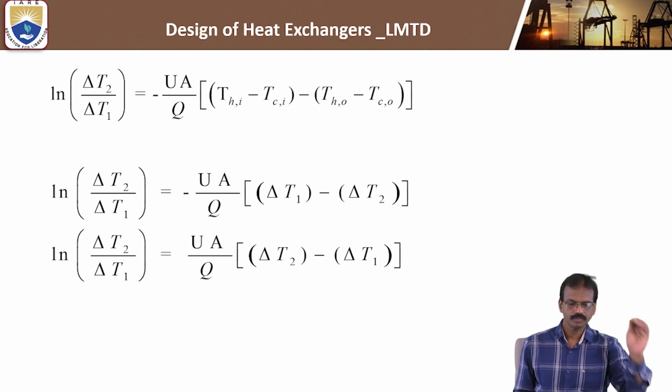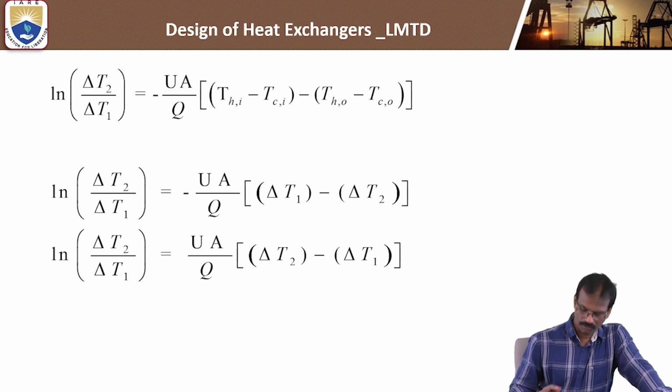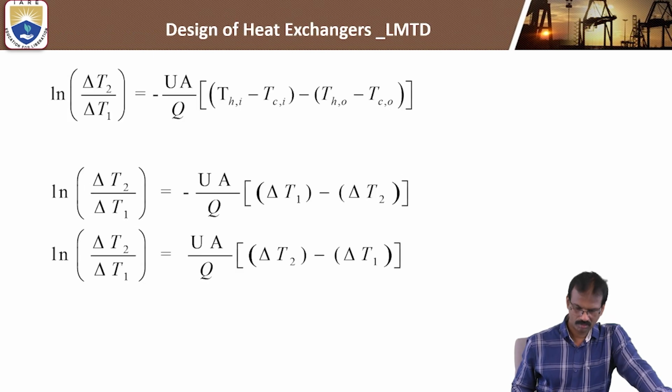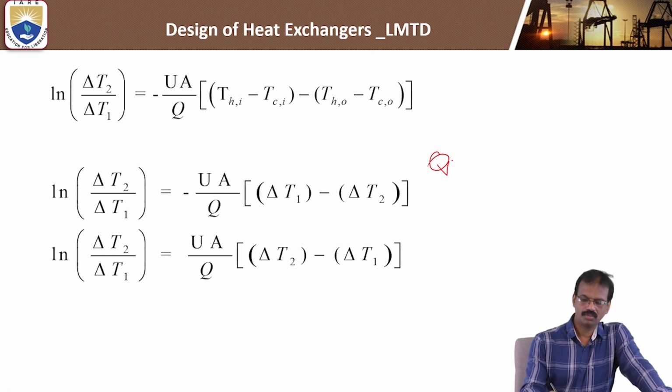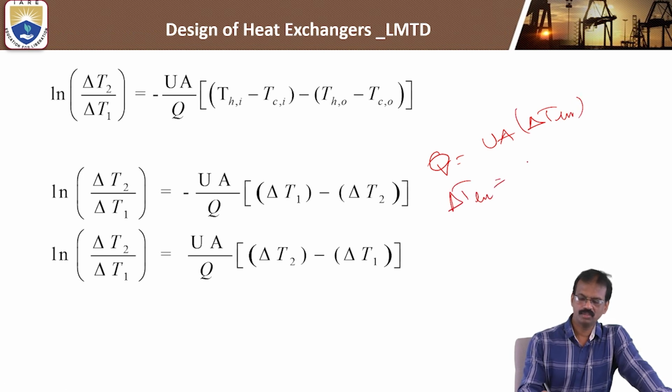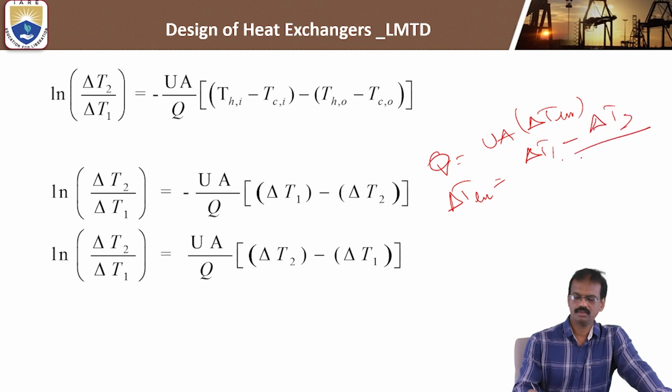So the final formula is like this: rate of heat transfer Q is equal to UA into delta TLM. Delta TLM is equal to delta T1 minus delta T2 divided by ln of delta T1 by delta T2.